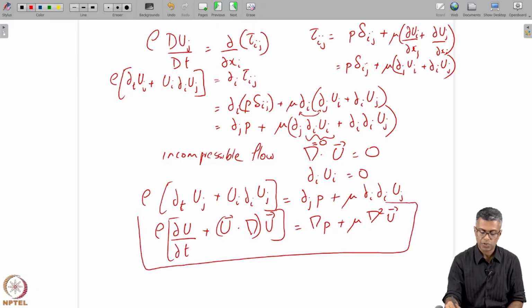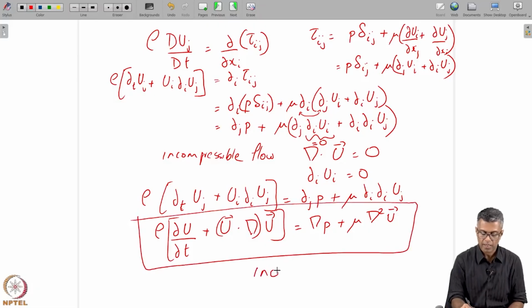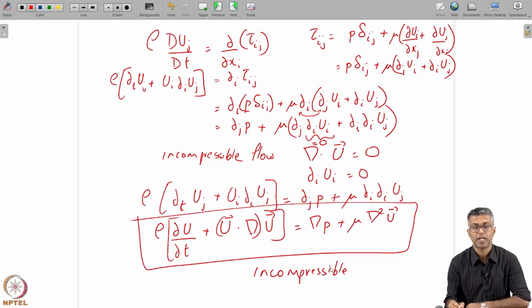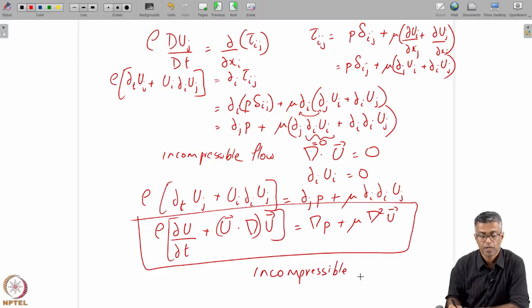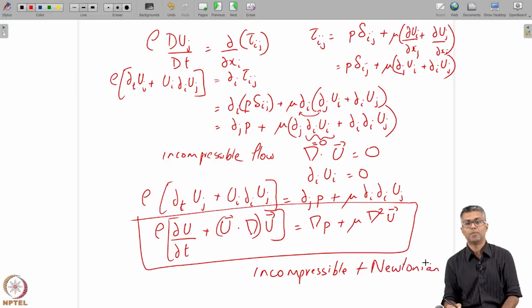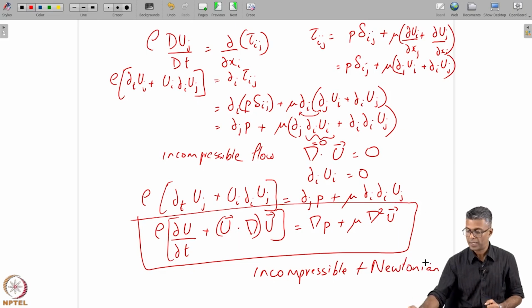This is your Navier-Stokes equations with the incompressible assumption. That is how we could take del_i u_i equal to 0, and plus it is Newtonian of course, and that is why the mu, the viscosity, can come outside. So I hope that is clear.